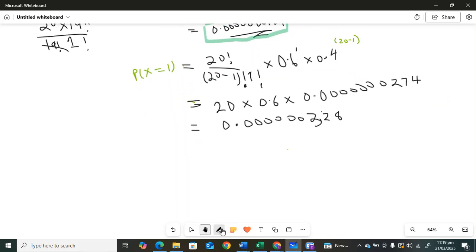Okay, we get the probability now that two students prefer working in the banking industry. So say P equals 2. We refer to the formula again.